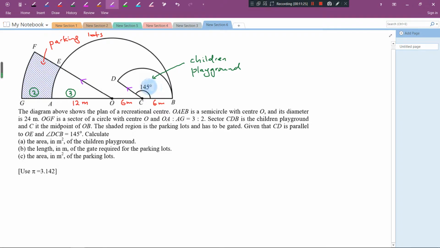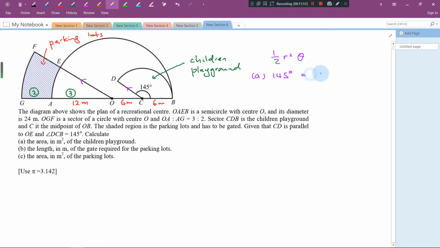Okay, let me show you both. First, I'm going to show you how to use the formula that we just learned in this chapter, which is 1 over 2 r squared theta. If I use this formula to find the area, the theta must be in radian. So first thing, I want to convert this angle to radian.